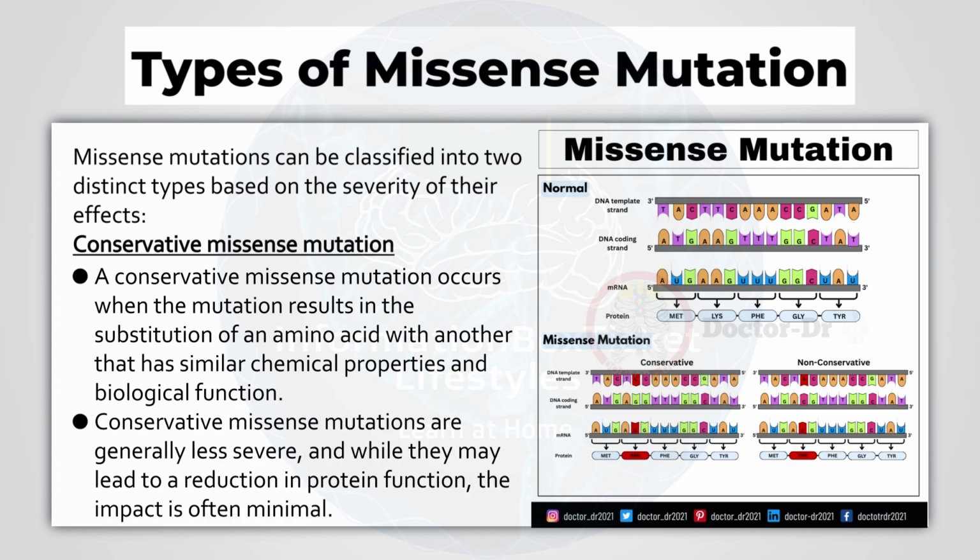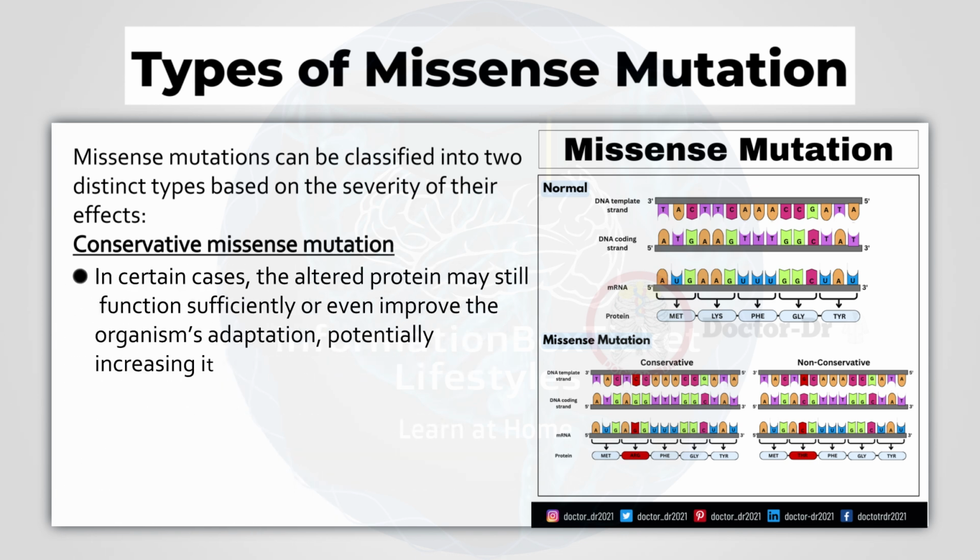Conservative missense mutations are generally less severe, and while they may lead to a reduction in protein function, the impact is often minimal. In certain cases, the altered protein may still function sufficiently or even improve the organism's adaptation, potentially increasing its fitness within an ecosystem.